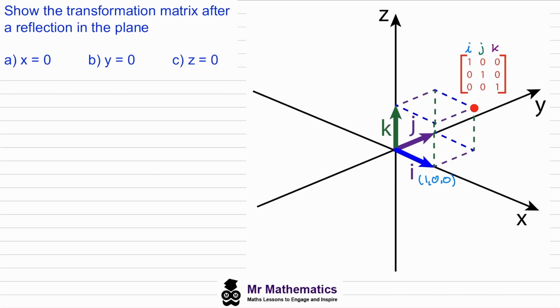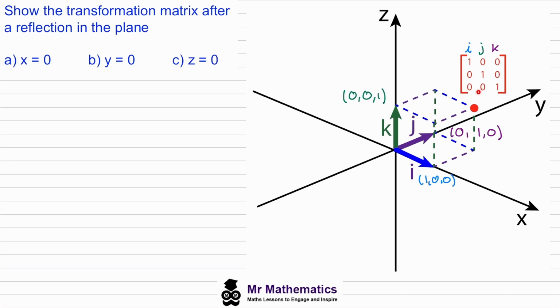You can see that J travels 0 in the X direction, 1 in the Y direction, and 0 in the Z direction. So this has coordinates 0, 1, 0. And as we travel in the K direction, this has 0 in the X, 0 in the Y, and 1 in the Z. Then this has coordinates 0, 0, 1.